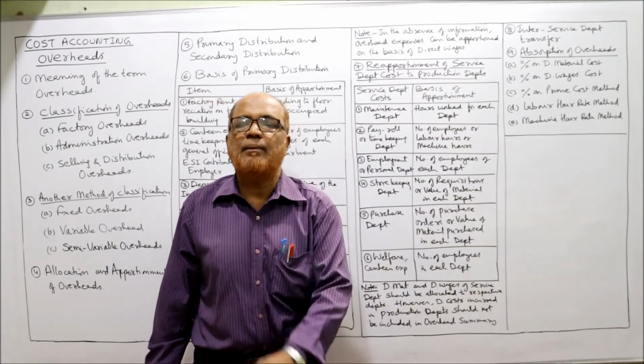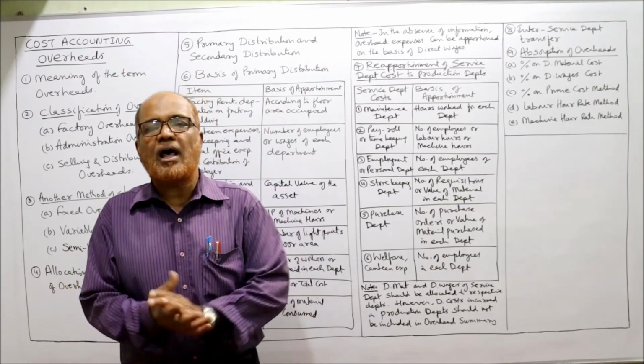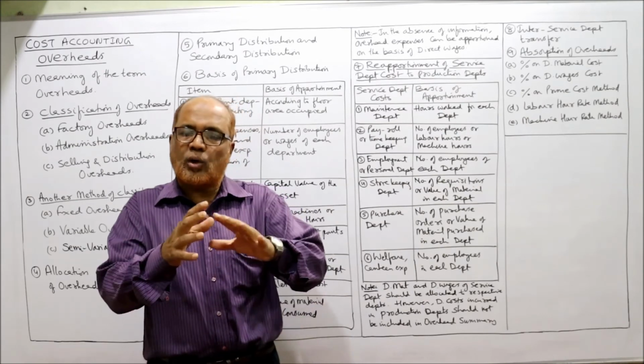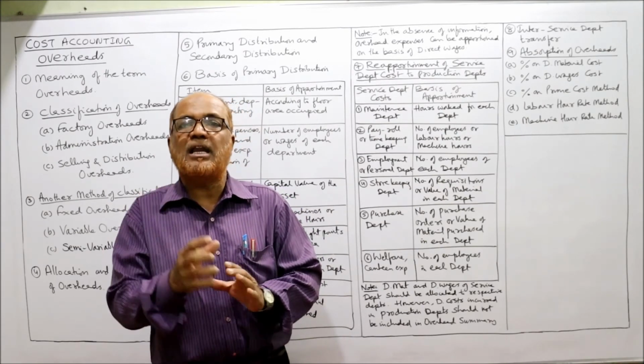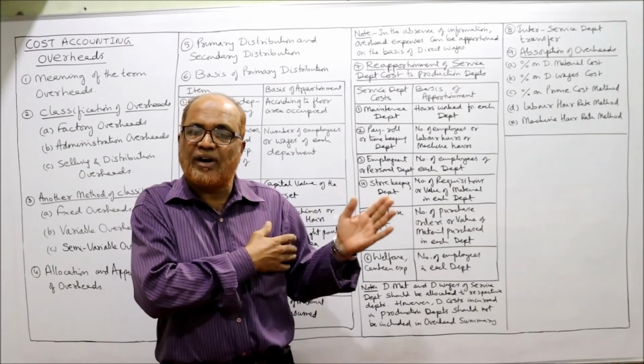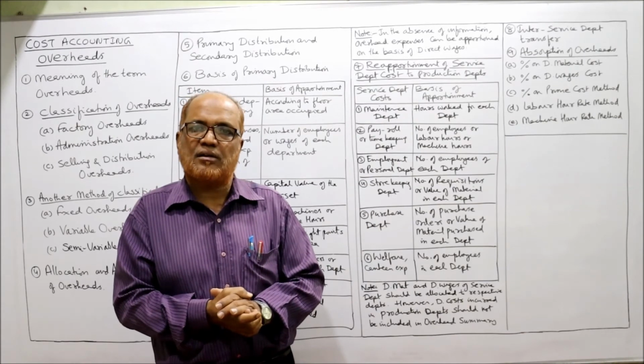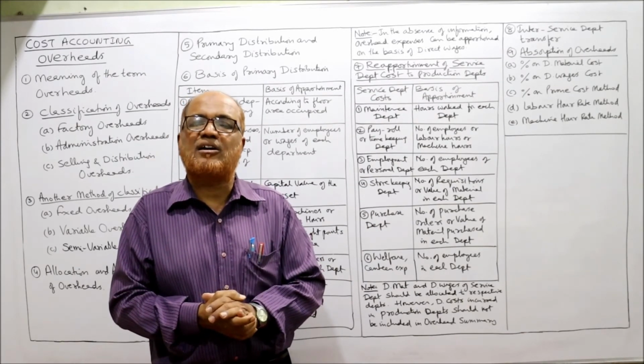Now the fourth method, labor hour rate method of absorption of overheads. The labor hour rate method says that total factory overhead will be divided by the number of labor hours worked. Suppose 1 lakh labor hours were worked last year and 2 lakh rupees was the factory overhead.